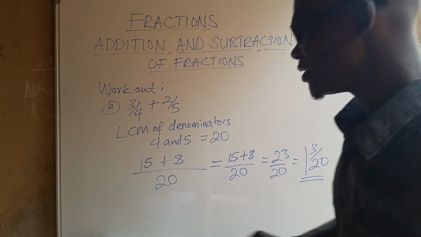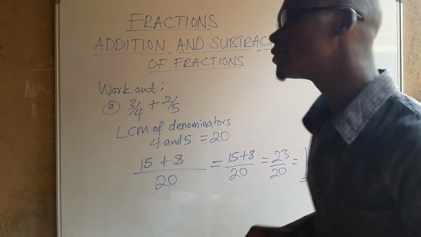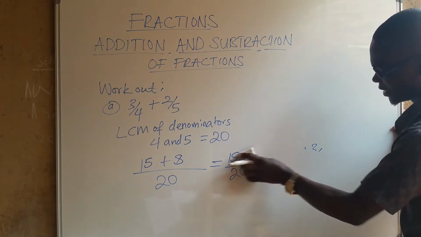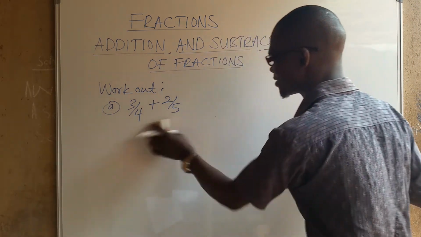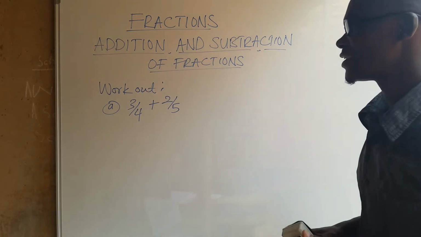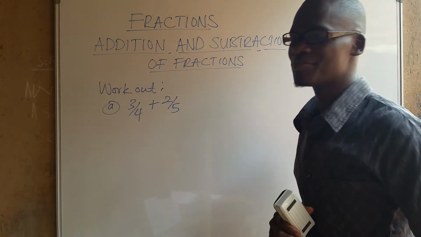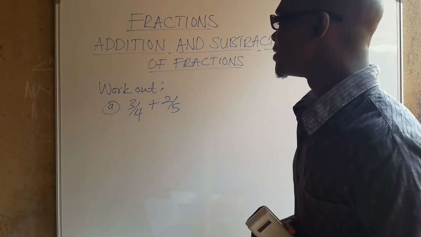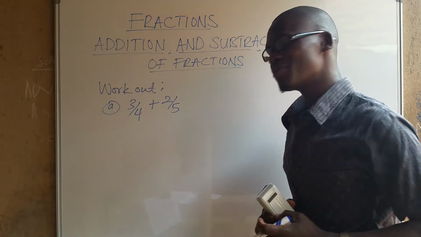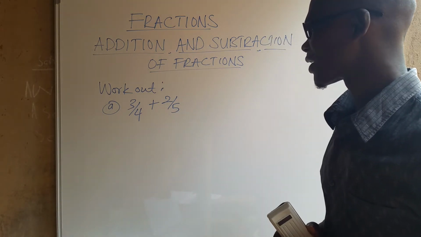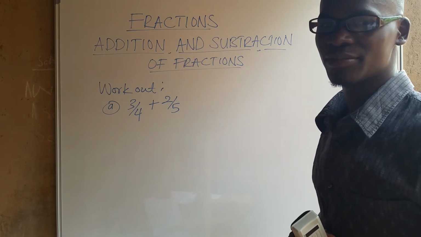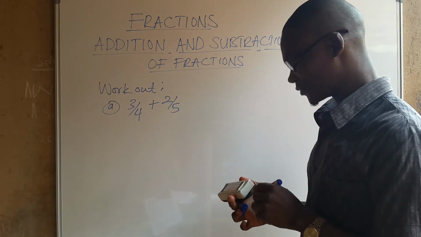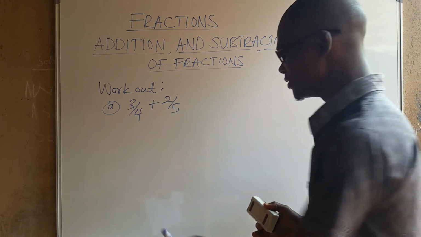The other method is quite simple, and actually it's what I use when I'm working out mine. So let us look at the simplest method. When I'm given such a problem to work out, I can decide to use cross multiplication, so that I cross multiply.